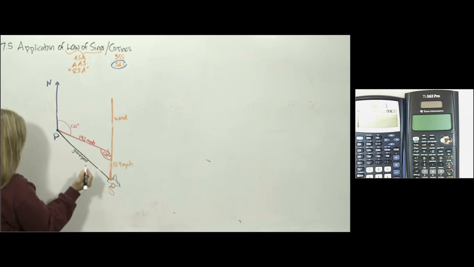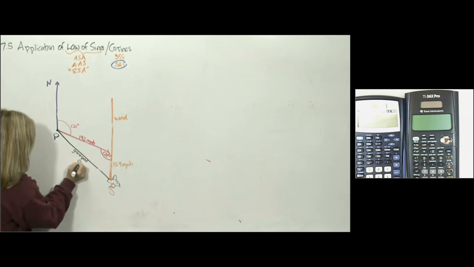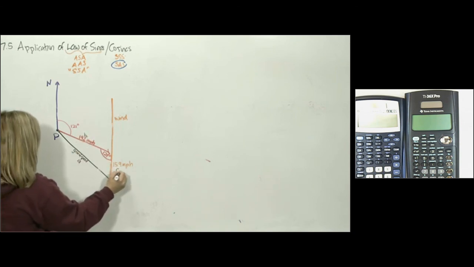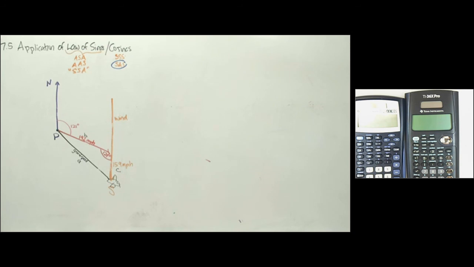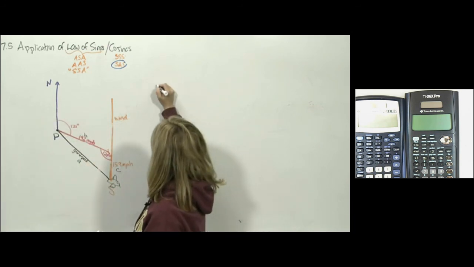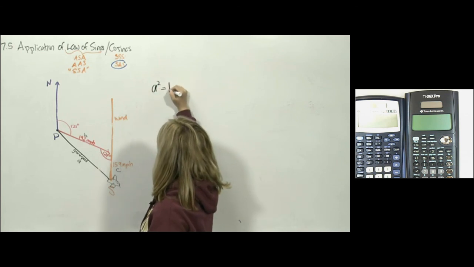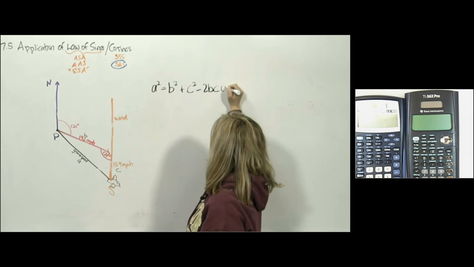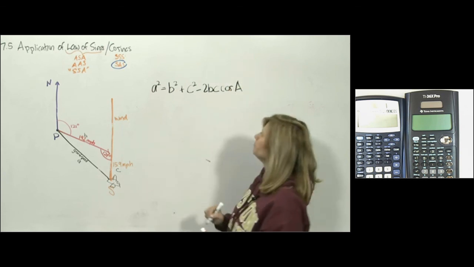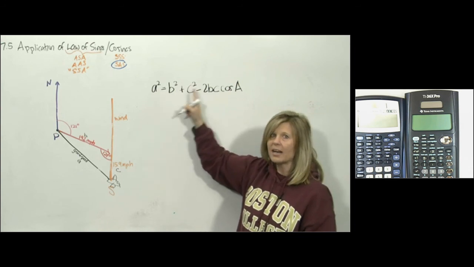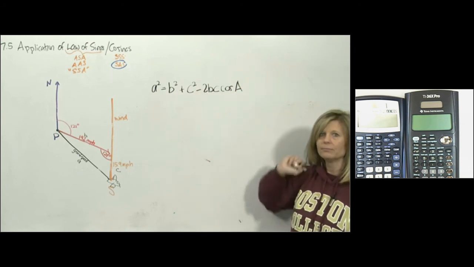I'm going to label it this time, just to be fun, A. That means I would label this side B and C. It doesn't matter. But if I label it A, when I start out the law of cosines, I start out A squared equals B squared plus C squared minus 2BC cosine A. Whatever I start out the law of cosines with a side, is what I end with an angle.